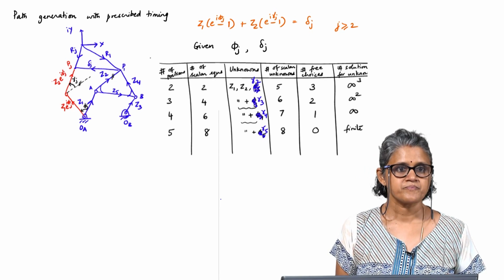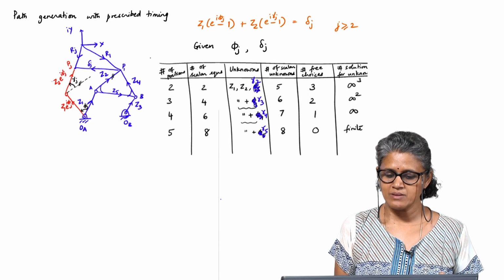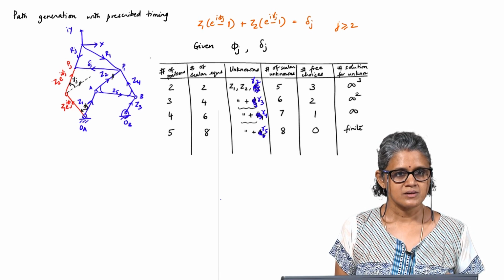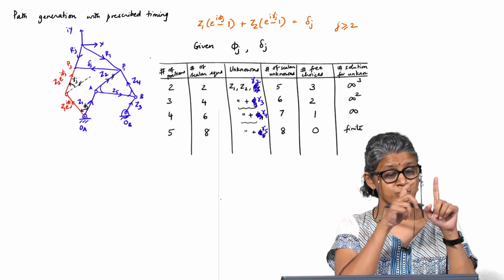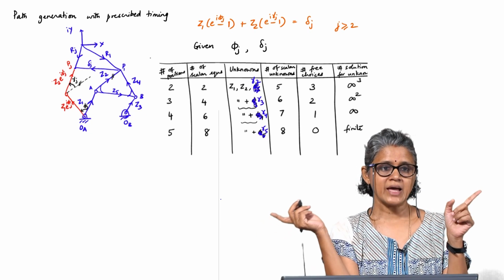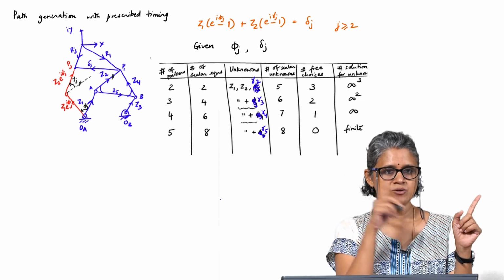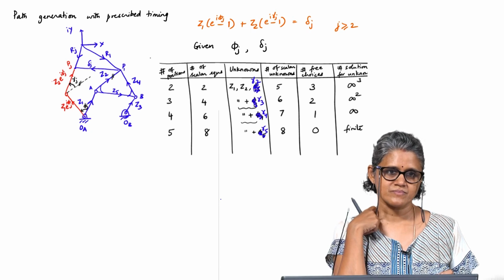Question? Why would you consider it to be a function generation? Which one? This is not a function generation. But we are corresponding an angle to some output factor, like some input angle to an output angle. Yeah, input angle to output angle. That is your function generation.